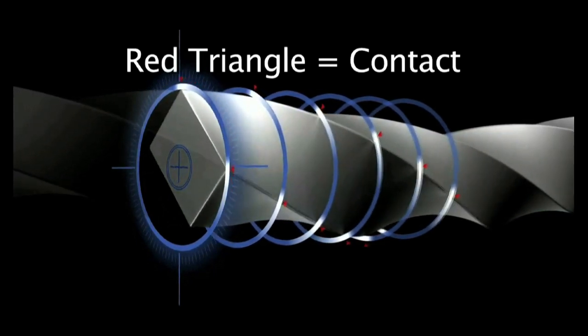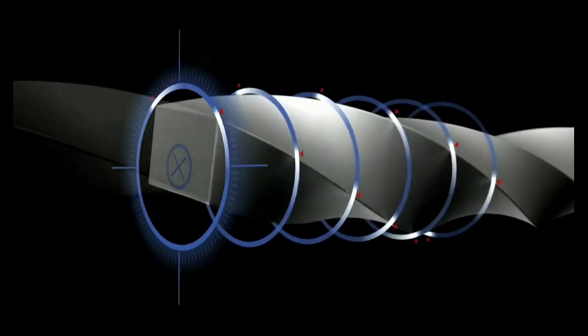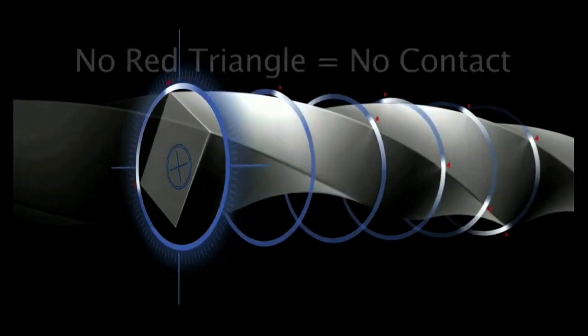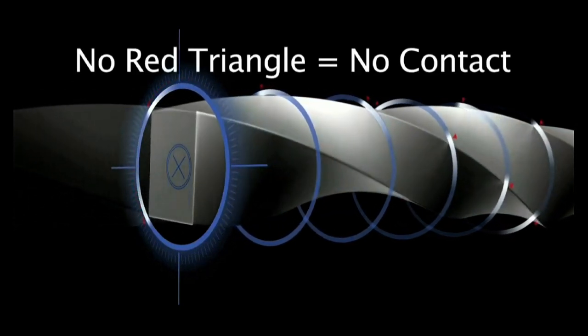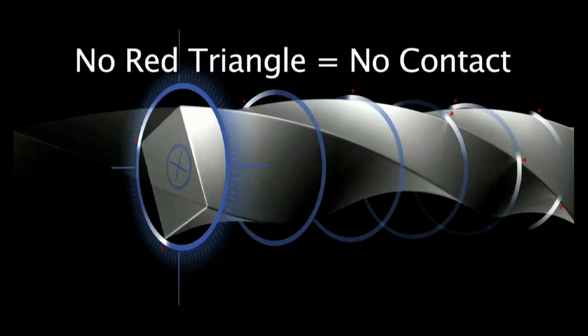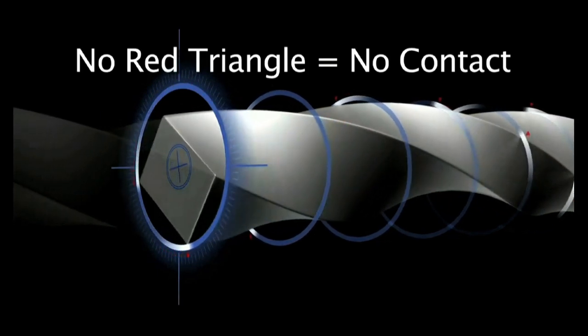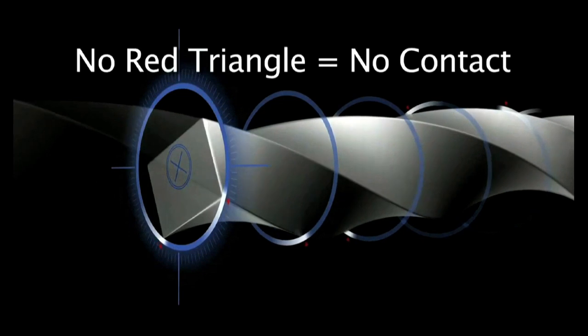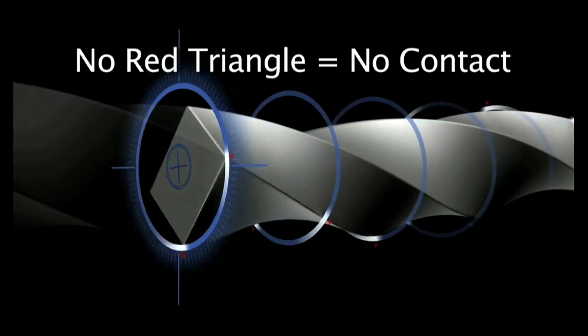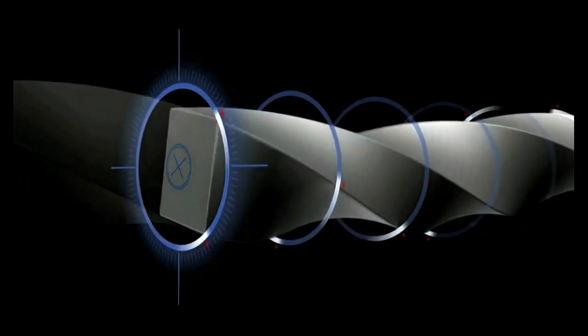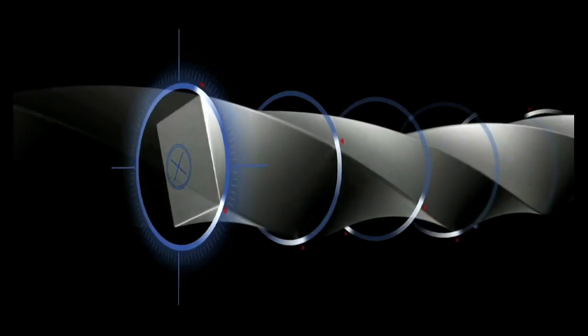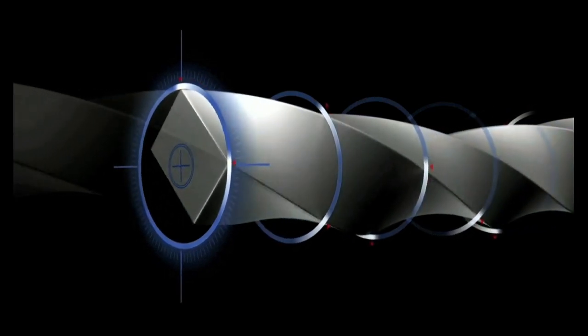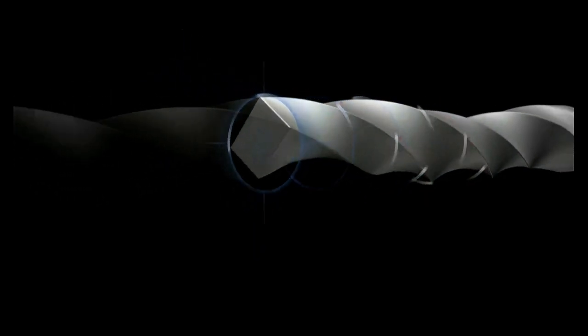This is the big difference. And if you look at where there's no red triangle, in other words solid blue, that is not touching the side of the canal you're shaping whatsoever. And so we are very specific in where it's cutting, and there are large spaces for removing dentin debris.